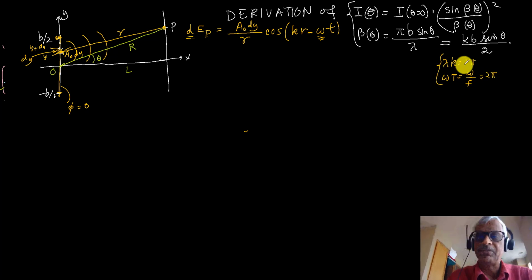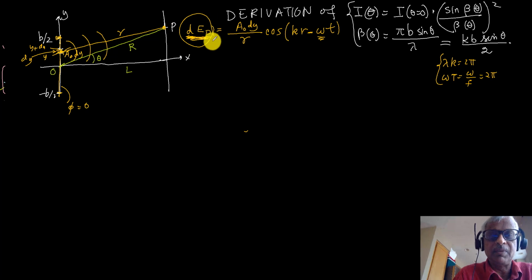Okay, so there's a relationship. So okay, now I want to see what I can make this into intensity. This is the electric field amplitude from this point, but I want to know contribution from all of them.